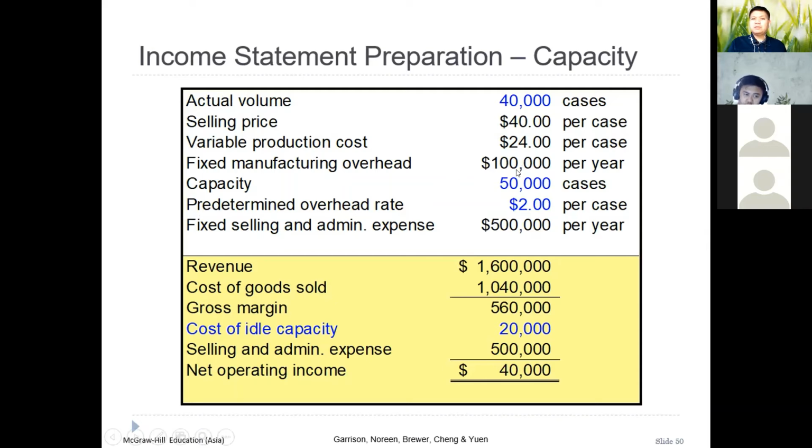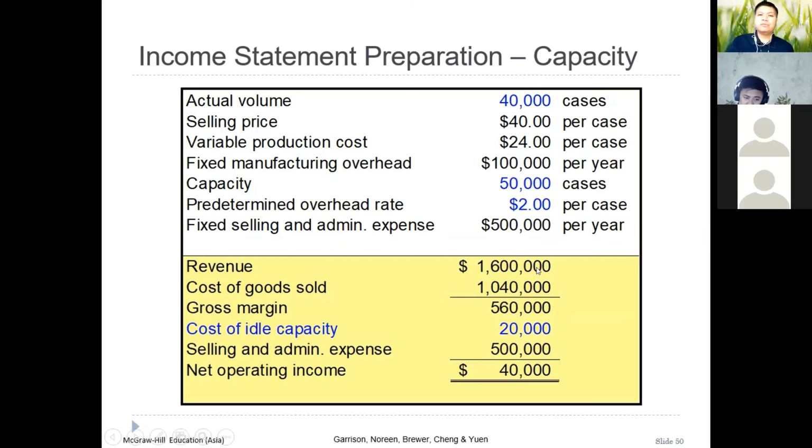The capacity is 50,000 cases. The predetermined overhead rate is 2 per case. The fixed selling and administrative expense is 500,000 per year. How do you compute for your revenue? The selling price is 40. You sold 40,000. That's 40,000 times 40. That's 1,600,000.